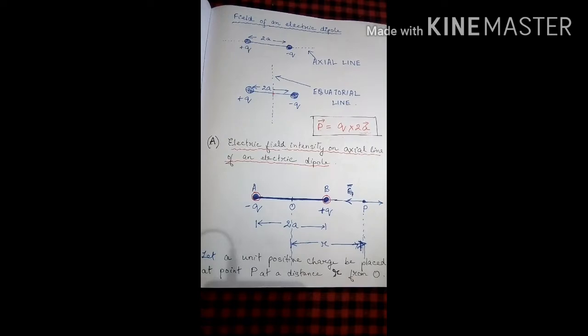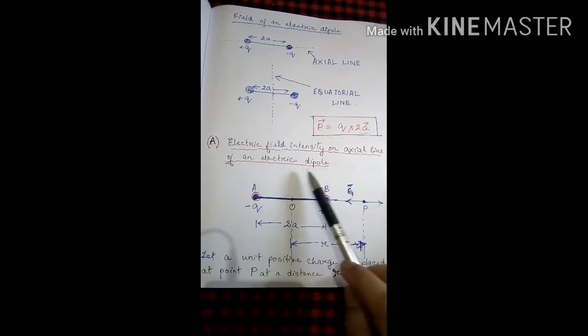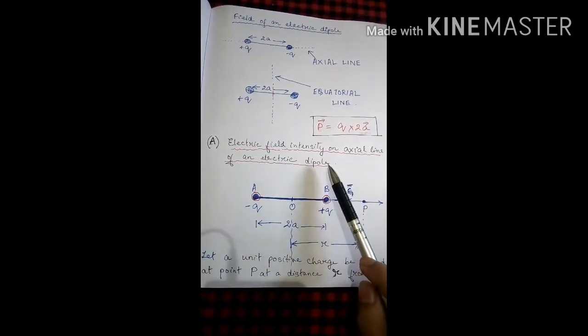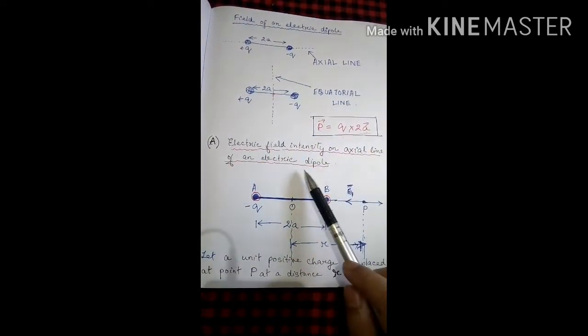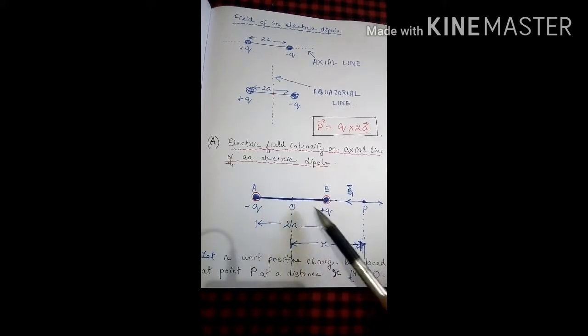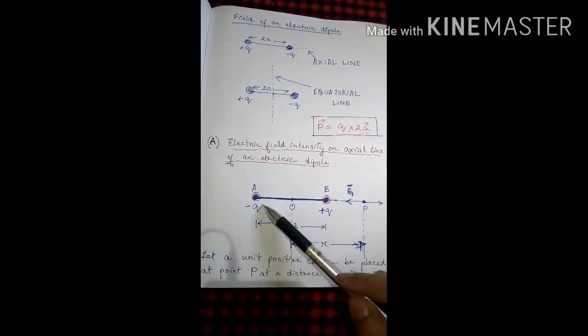So now our first task is to calculate the electric field intensity on the axial line of an electric dipole. In order to do that, we have to first draw the figure. Here I have drawn a plus q charge and a minus q charge.